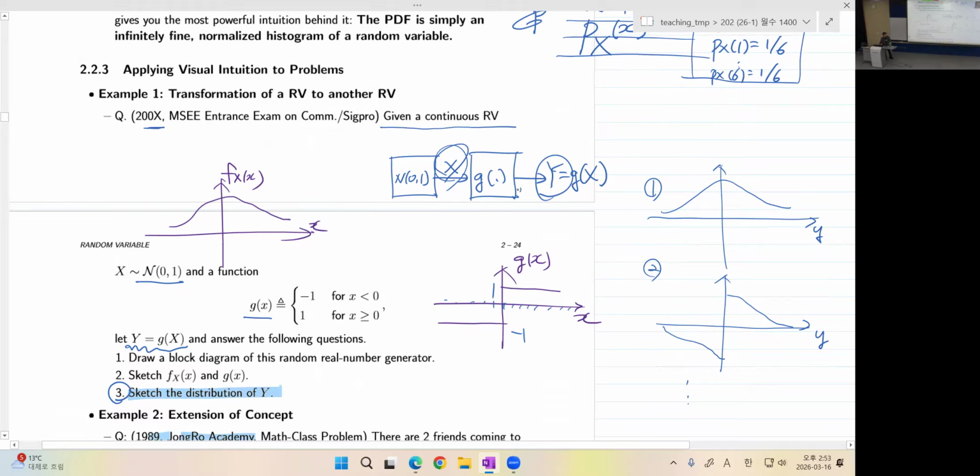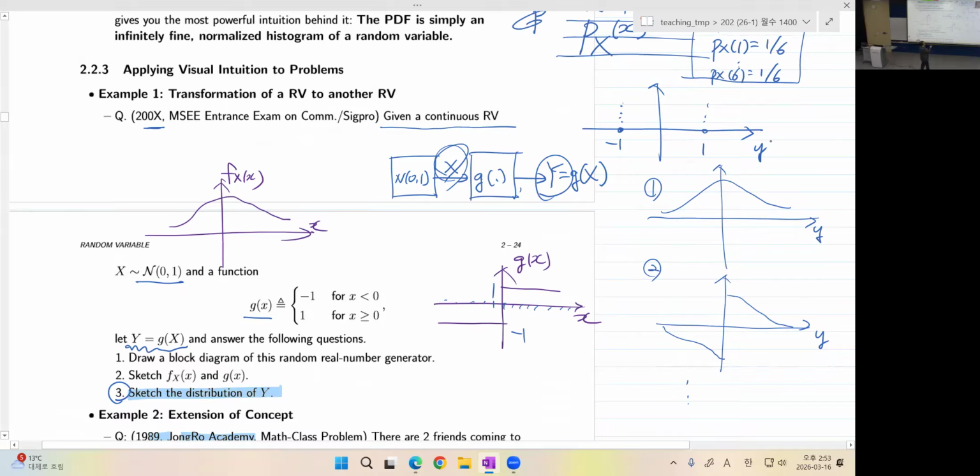Either 1 or negative 1. So if you plot a dot plot, it's like you just put dots at positive and negative 1.